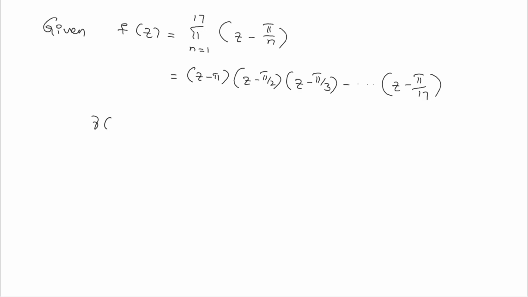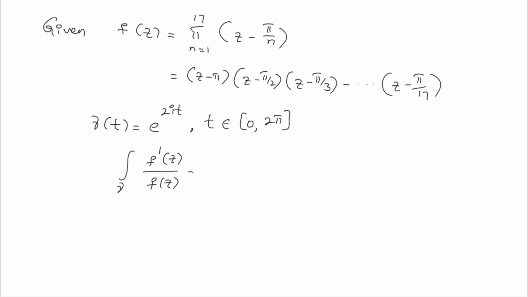And given gamma of t is e to the power of 2it, where t belongs to the closed interval 0 to 2 pi. Now we have to calculate the integration over gamma of f dash of z divided by f of z, which is equal to question mark.